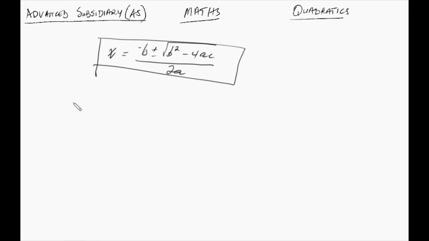When you have the general quadratic equation ax squared plus bx plus c is equal to 0, you need to identify the coefficients: the coefficient of x squared, the coefficient of x to the power 1, and the coefficient of x to the power 0. These are the coefficients which you are going to substitute here, here, and here.